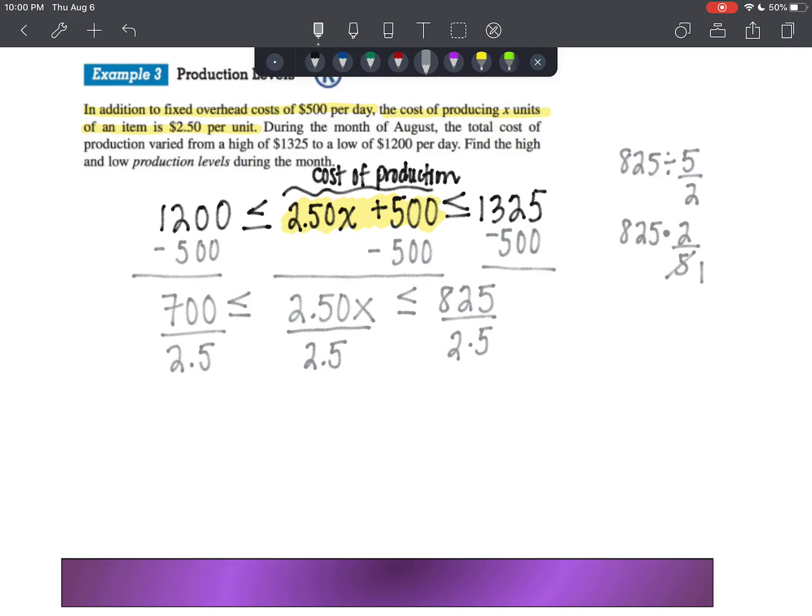So 5 goes into 8 one time. Now I've got 32, so 5 goes into 32 6 times with 2 left over. So I've got 165 times 2, which would be 330. So 825 divided by 2.5 is 330.